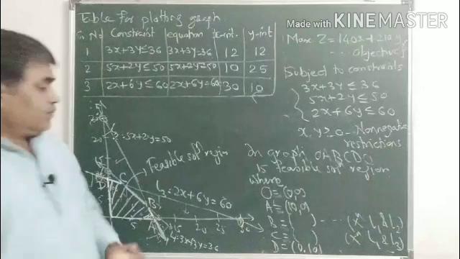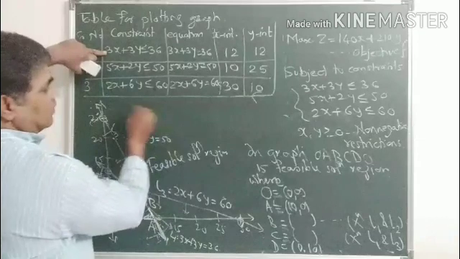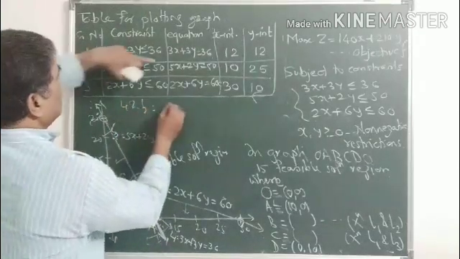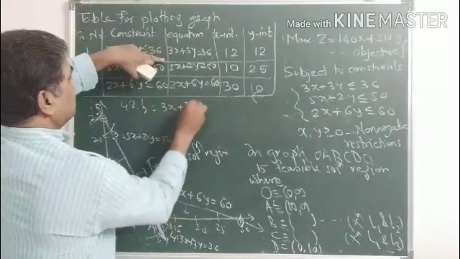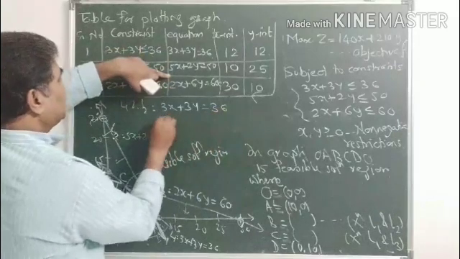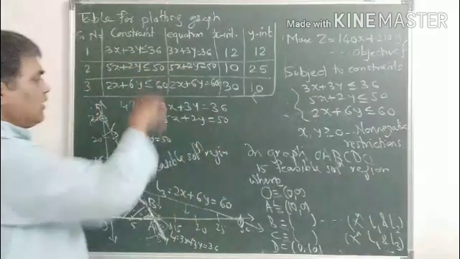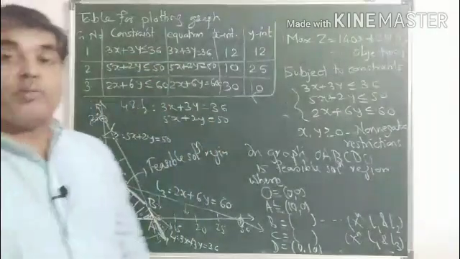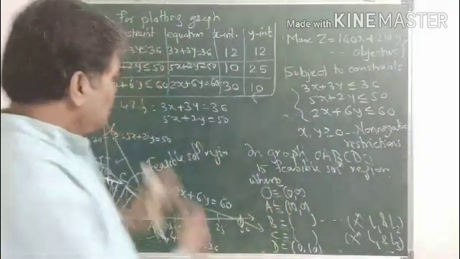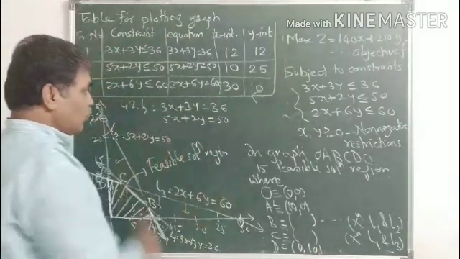So now solving here for L1 and L2: 3x plus 3y is 36, 5x plus 2y is 50. Solving these two equations simultaneously, or by Cramer's rule or by matrix method, whatever method you like, solve those two equations and find the values of x, y on your own.